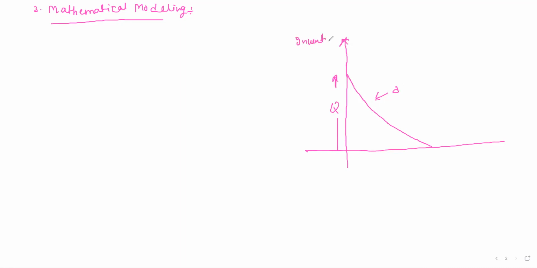Mathematical modeling. So first we draw the graph for this. So demand is selling price dependent. Since the deterioration occurs, it can't be uniform. This represents the inventory level, this is our order quantity, and this represents the time. And the inventory is depleted due to the joint effect of demand and deterioration.